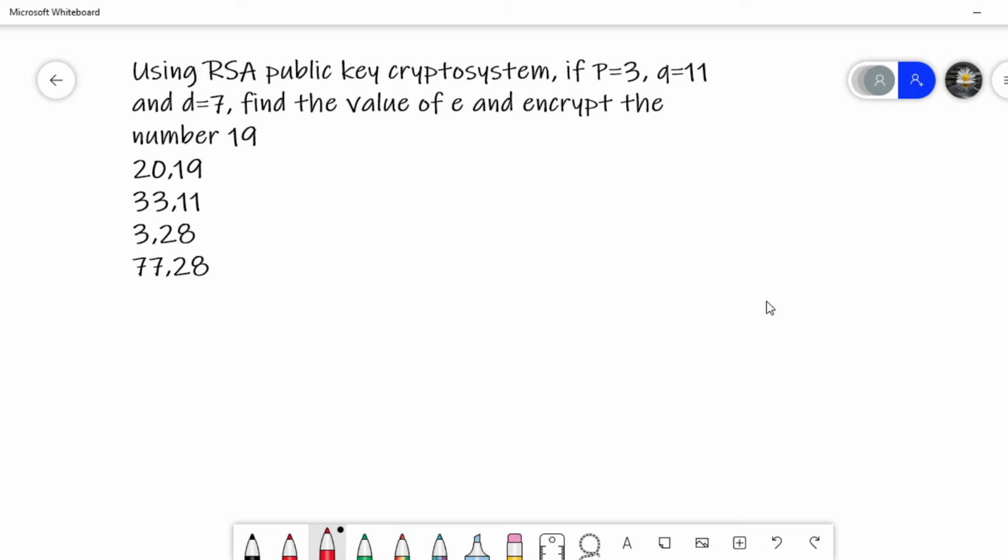So according to the RSA algorithm, N is equal to P into Q. Here the P value is 3 and Q value is 11. So the N value is 33.